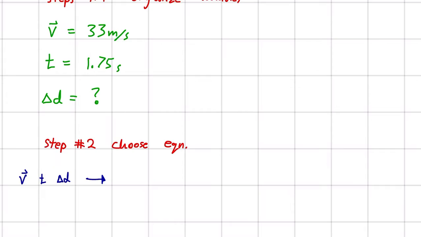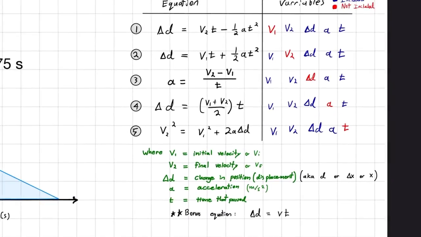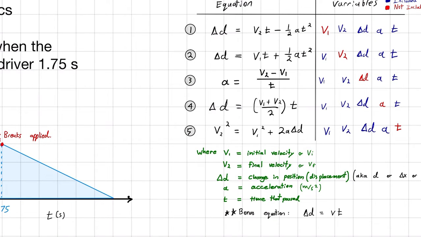That tells us which equation we're going to use. So let's go over to our chart. A lot of times with previous questions, we've had 4 variables, and we'd be looking at one of these equations. This one's going to be a little bit different. If you look at this equation down here, I've called it the bonus equation.